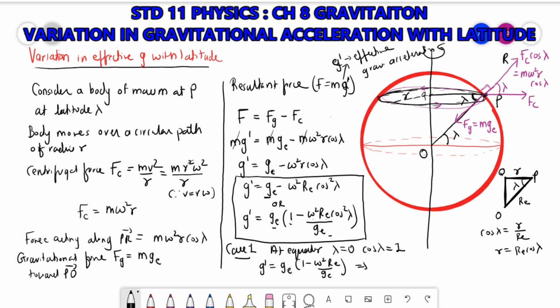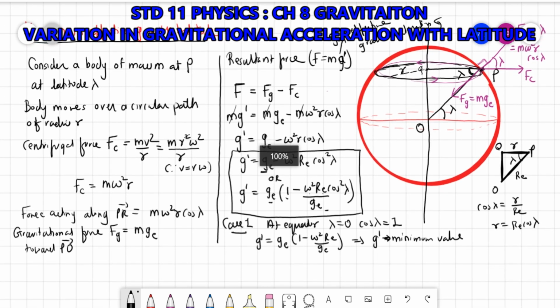So here g dash will have minimum value. The value of gravitational acceleration at equator is minimum, because 1 minus this, it will be less than 1, so the answer will be less than g. Clear?